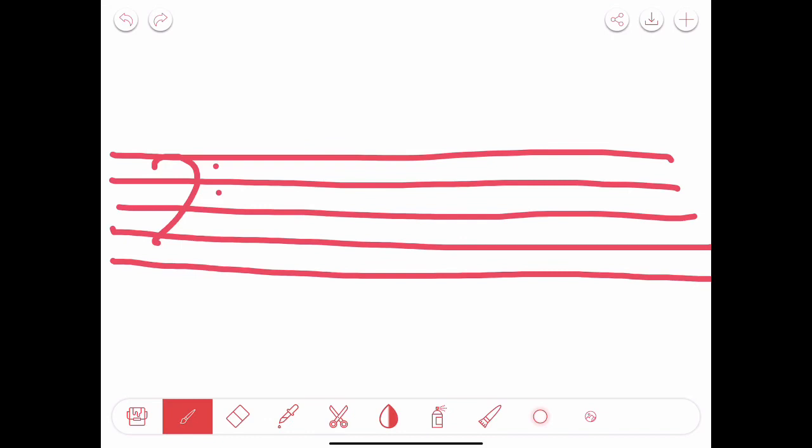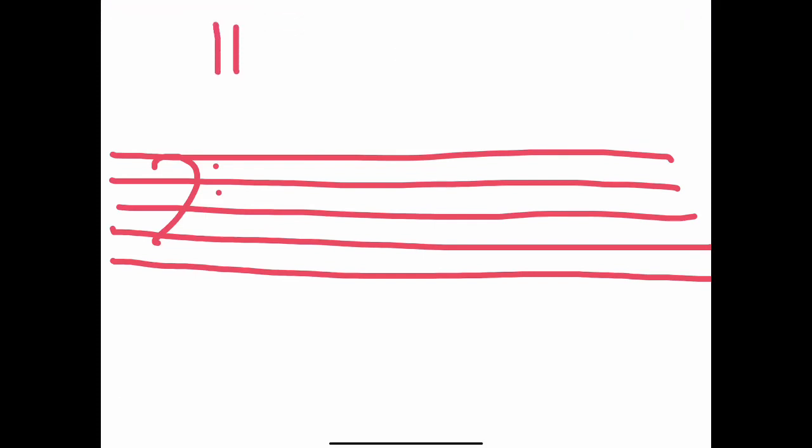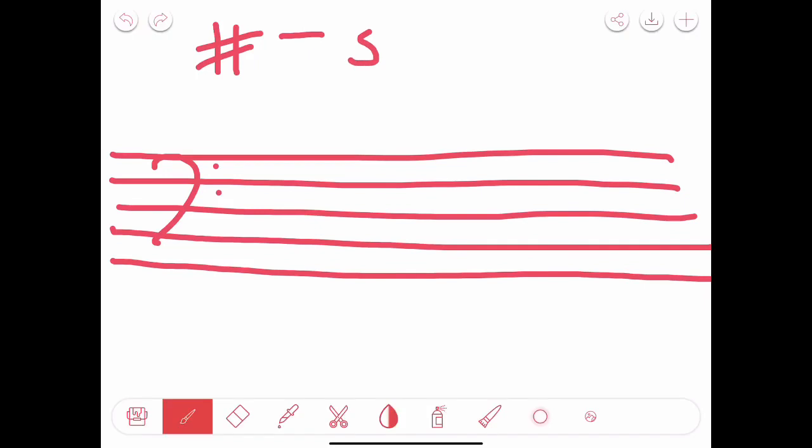The next thing that we will see in a piece of music possibly is accidentals. And here are your accidentals. You need to do it in your notebook, the one that I asked you to go get. This is a sharp.